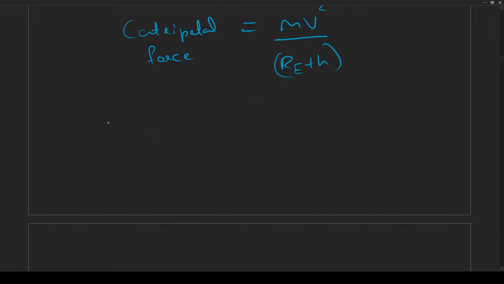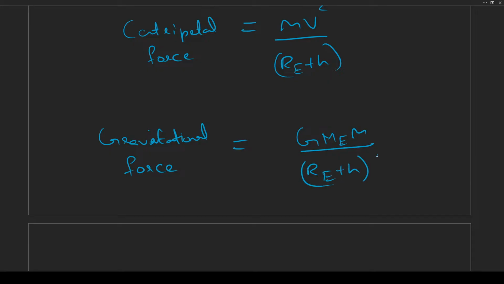The gravitational force formula is G Me m by RE plus h whole square.